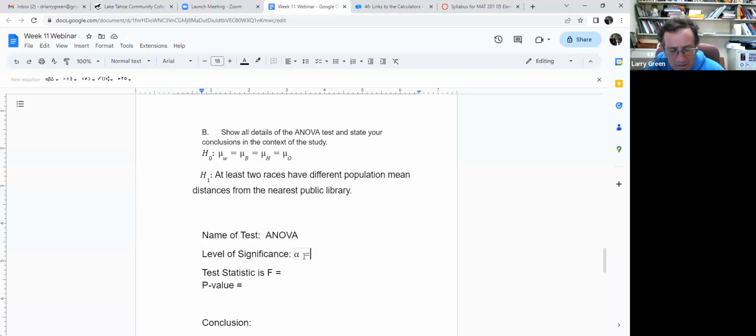Yeah, this would be 5%. Because it's sociology, right? Talking about racial groups and how far they're from the public library. It's a sociology thing. Nobody's going to die because you made a mistake, or I mean, you got it wrong or had a type 1 or type 2 error. Okay.